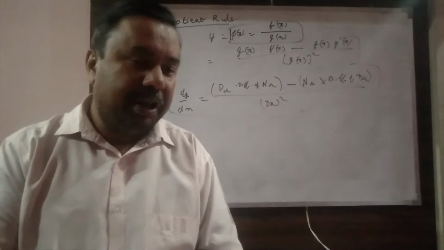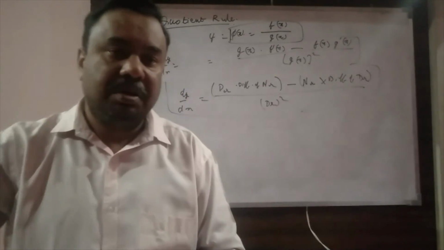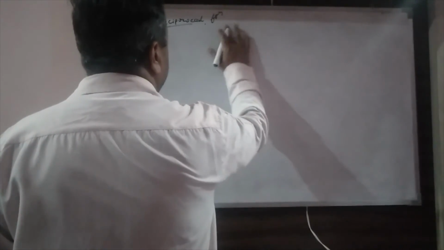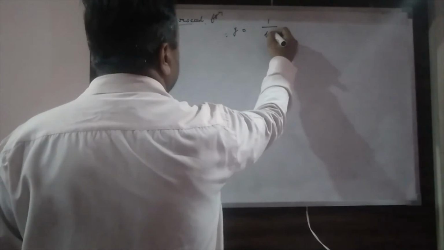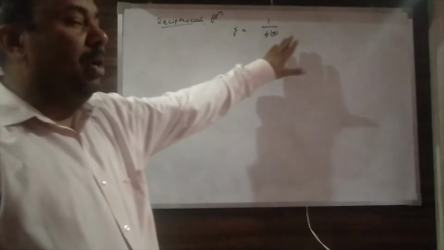Okay, I will do it like this. So now I am doing it with the reciprocal function, that I will do with the quotient rule only. That means suppose that y is equal to 1 by fx. Okay, y is equal to 1 by fx.